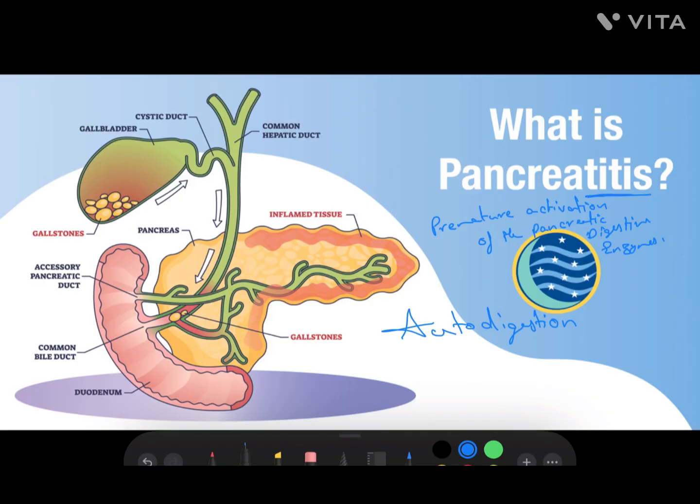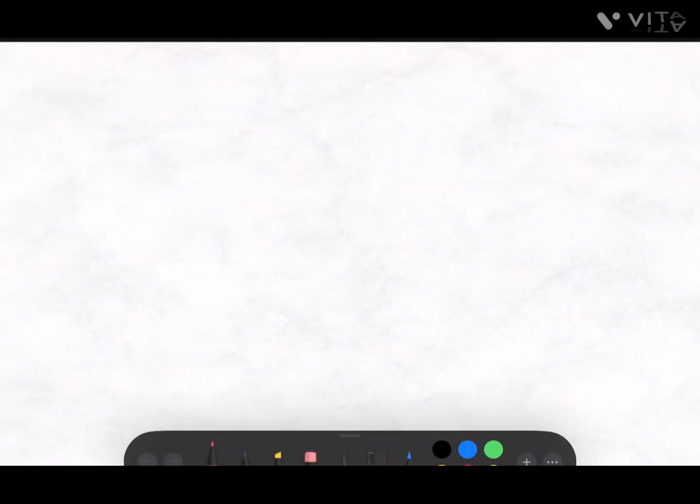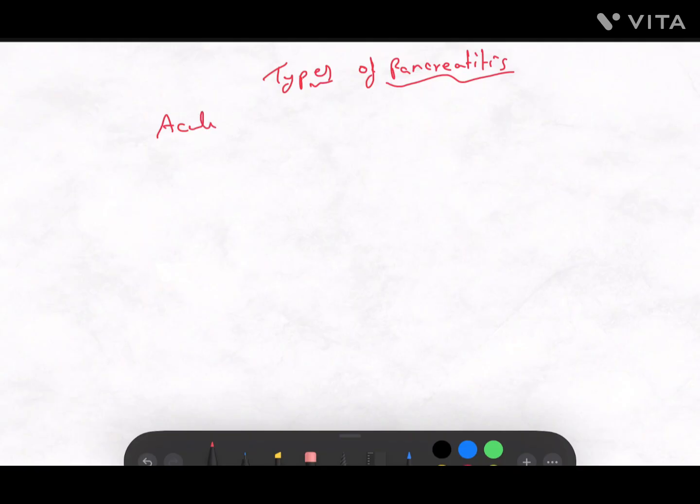So we have a total of two different types of pancreatitis, acute and chronic.